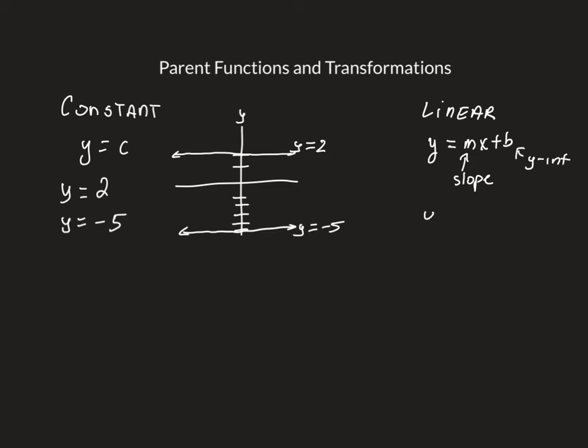For example, y equals x will be the most basic parent function there is. There are no transformations in it. And y equals x has a slope of 1, which means it goes up 1 over 1. And then the y-intercept is 0, which means it's going to pass through 0.